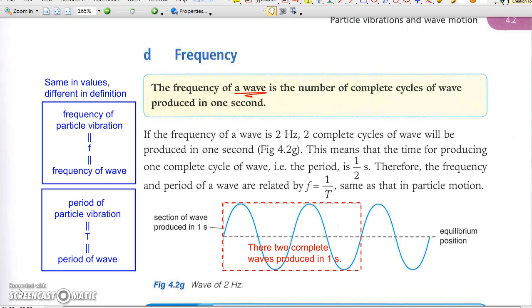Similarly, the periods of them are differently defined, but their values are the same too. That's why people often mix them up, and we may hardly find any case that they are different in values, although they have different definitions.